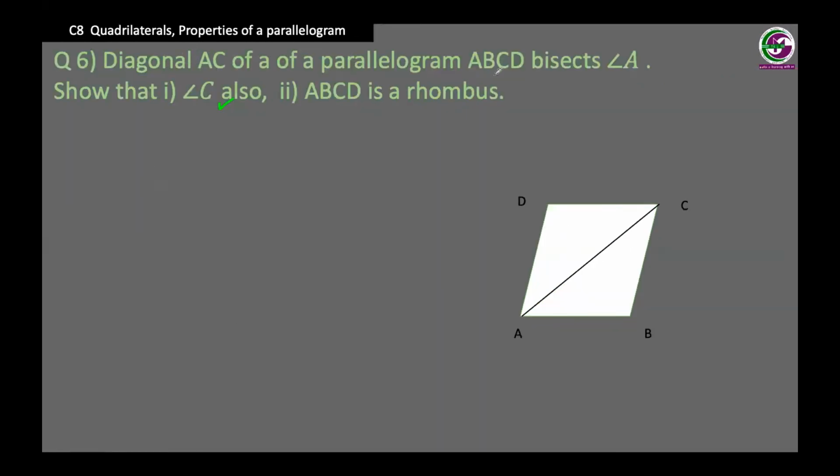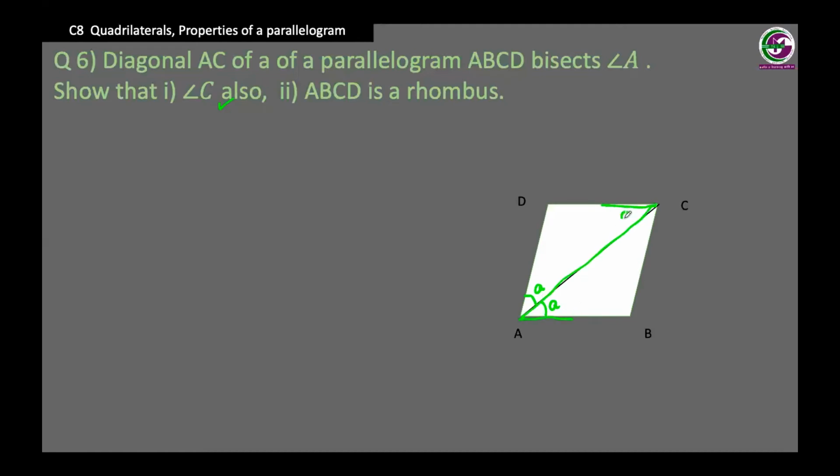Diagonal AC of a parallelogram ABCD bisects angle A. So the condition is ABCD is a parallelogram and the diagonal AC is bisecting angle A. So let's say this is angle A and this is also angle A. Because this is a parallelogram, we can apply the alternate interior angles.